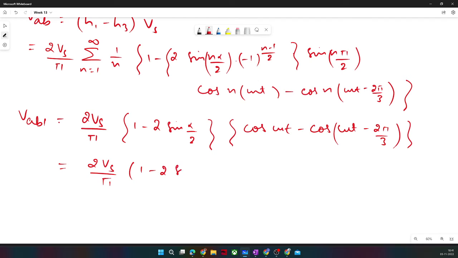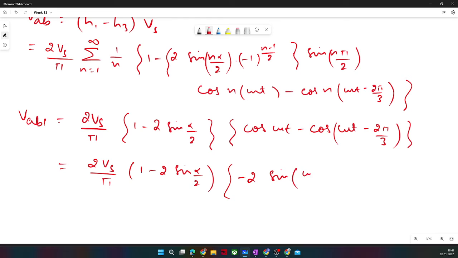1 minus 2 sine alpha by 2, and cos A minus cos B is again 2 cos A plus B by 2. Sorry, cos A minus cos B was minus 2 sine, it will come in sine term. So minus 2 sine A plus B by 2.